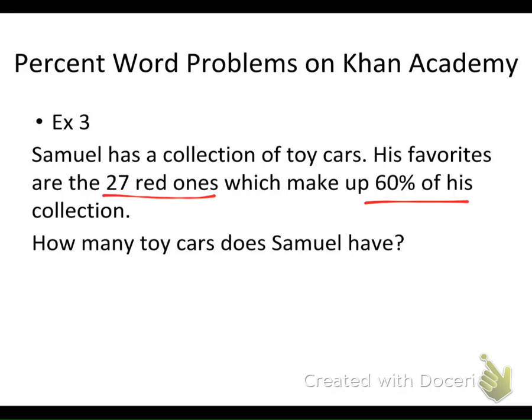So my first part of my proportion is percent over 100. So what's the percent they give me? So I'm going to put 60 over 100 equals, what's part of the collection? 27. And we're trying to find the total amount of cars. All right, cross multiply.